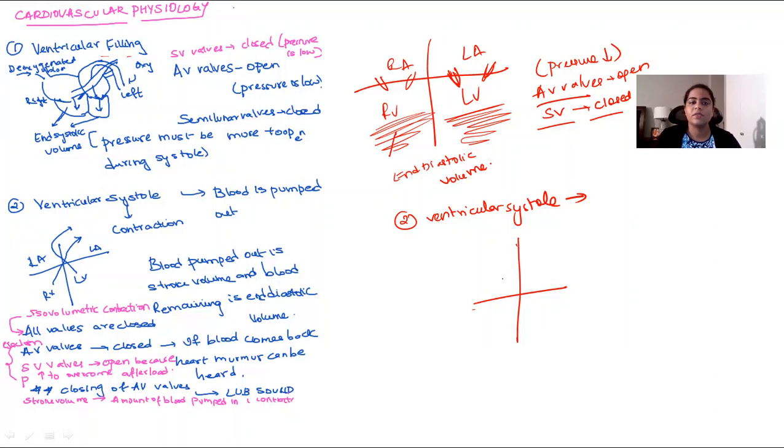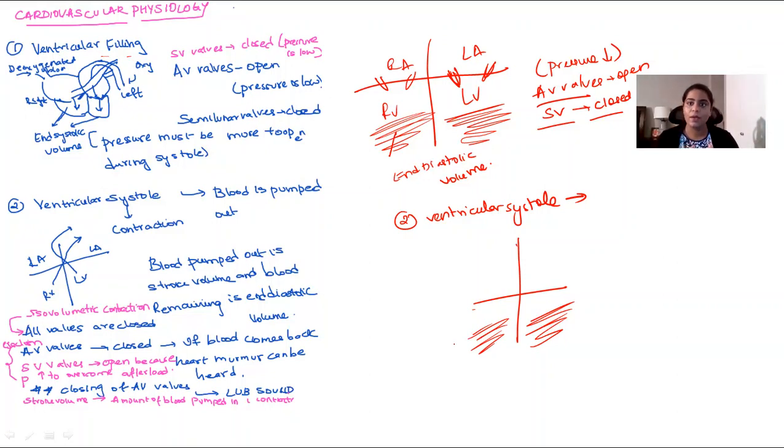Okay, and what happens when the heart contracts? So here we had blood from here, from the first diagram that we saw. Now whenever heart contracts, the blood will be ejected. Now it will go from the ventricles through aorta and the pulmonary trunk.